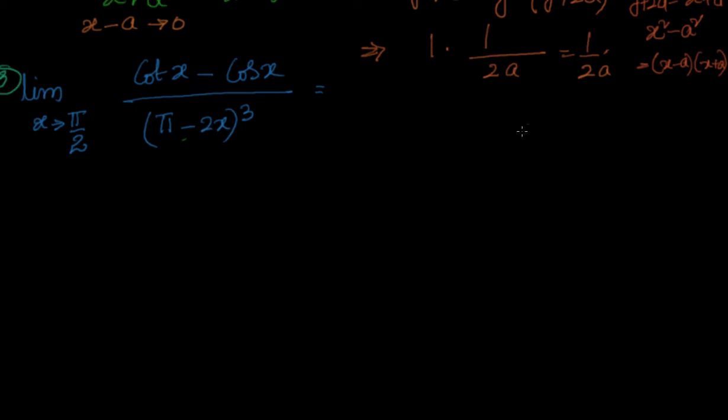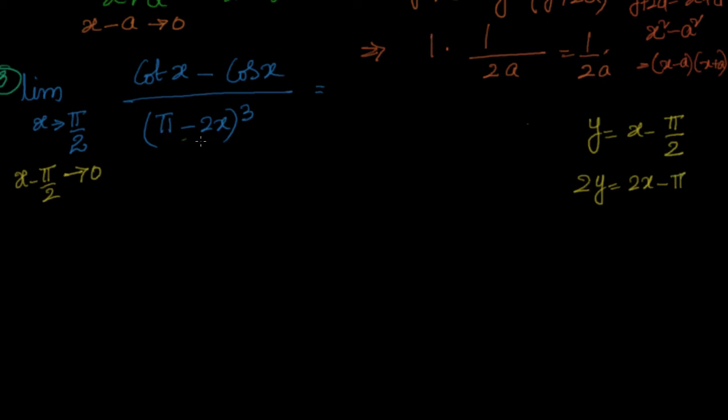Because x tends to pi by 2, immediately I'll write down here x minus pi by 2 tends to 0. That means y is my variable which is equal to x minus pi by 2. Or can I say 2y equal to 2x minus pi?